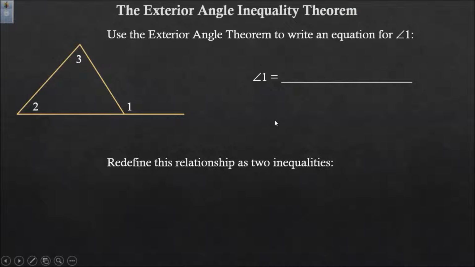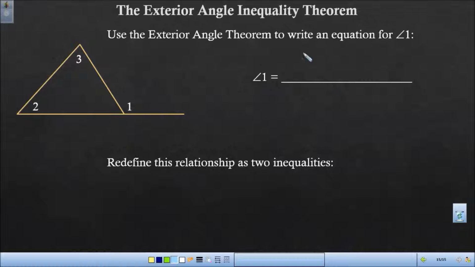For example, here's the exterior angle inequality theorem. This is EAIT as opposed to EAST, so this should say sum. Angle 1 is equal to angle 2 plus angle 3. This is the exterior angle sum theorem.